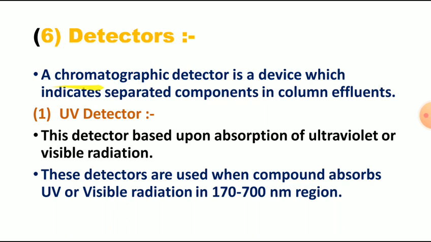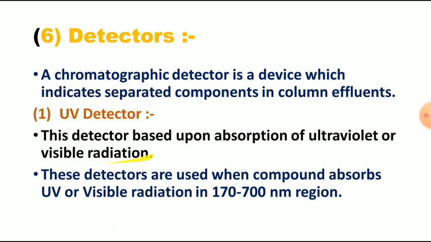A chromatographic detector is a device which indicates the separated components in the column effluent. The first is the ultraviolet detector, based upon absorption of ultraviolet or visible radiation.